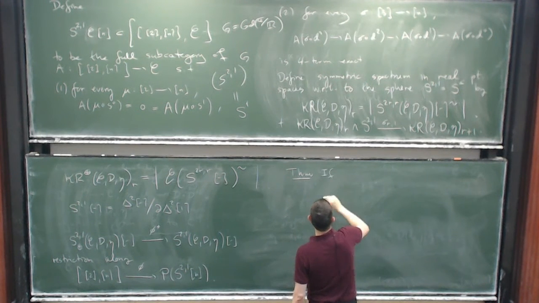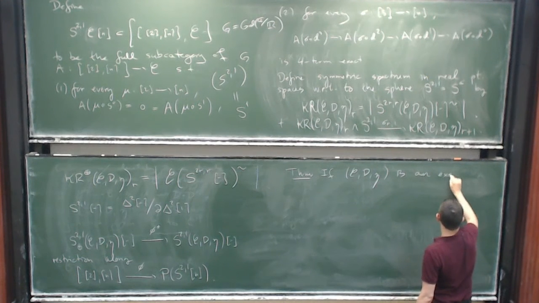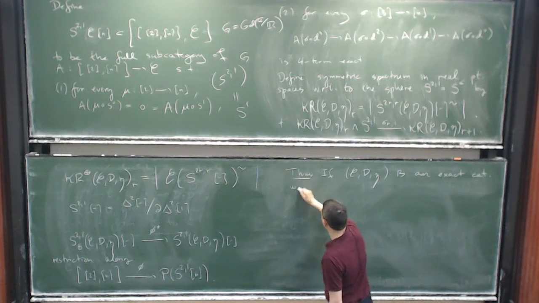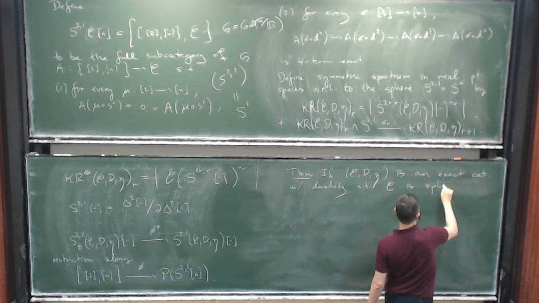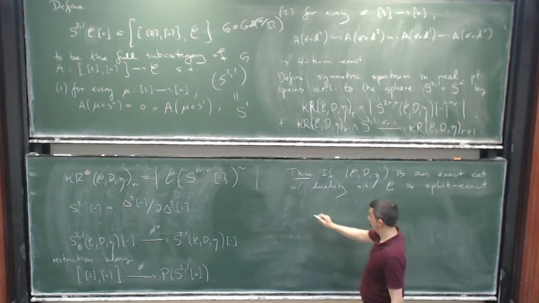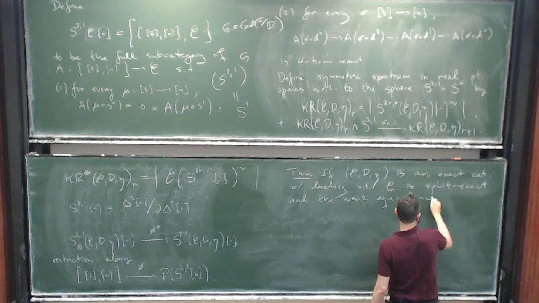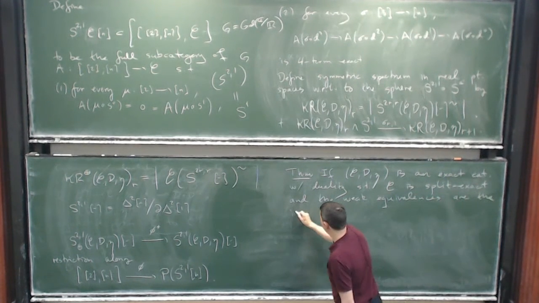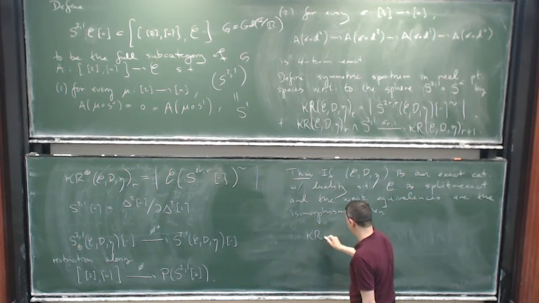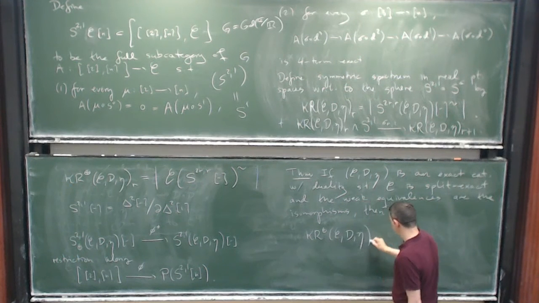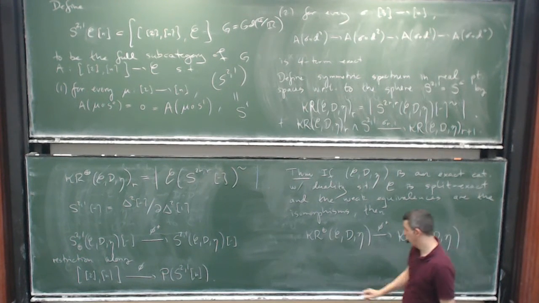So if C is an exact category with duality, such that C is split exact, and the weak equivalences are the isomorphisms, then this map from direct sum K-theory to Waldhausen type K-theory is a weak equivalence.